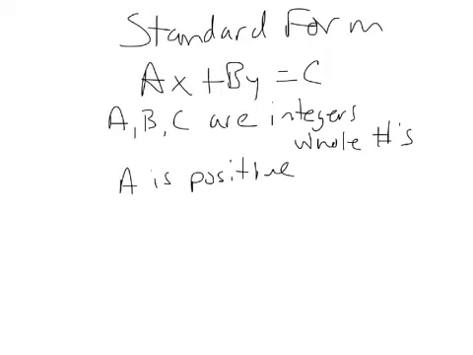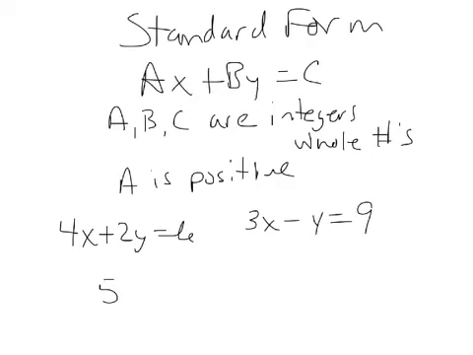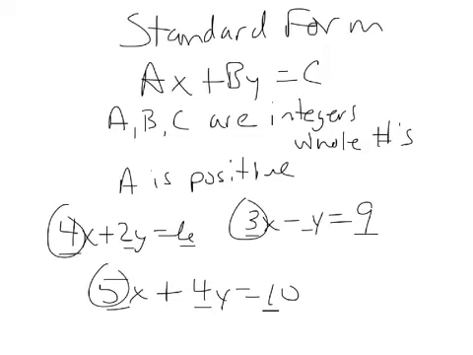So some examples of standard form would be 4x plus 2y equals 6, 3x minus y equals 9, 5x plus 4y equals 10. So in all cases, these numbers are integers, and this one is always positive.